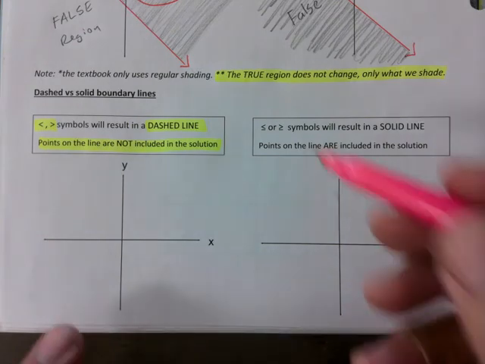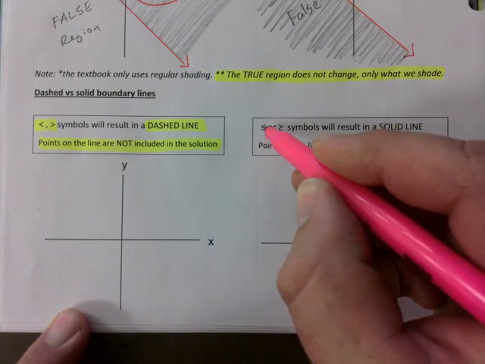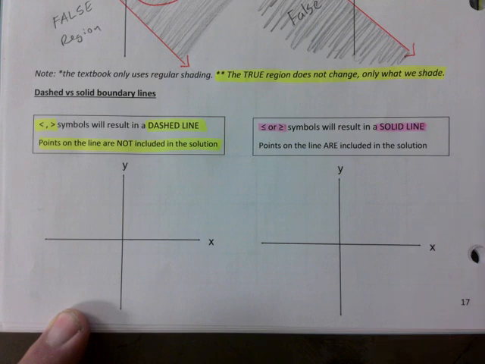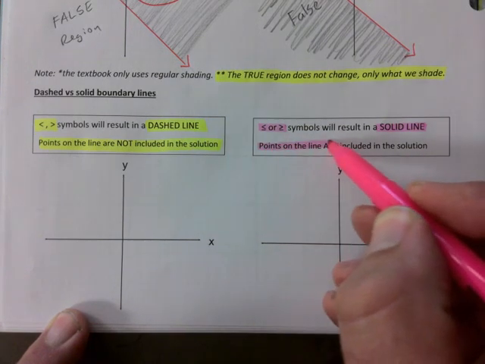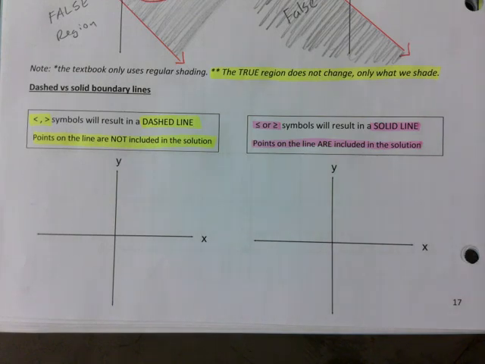Whereas on the right side here, when you do have the equal sign underneath the inequality symbol, that results in a solid line. And so in that case, points that are on the line are also included in our solution as well. So to differentiate, we use dashed versus solid.